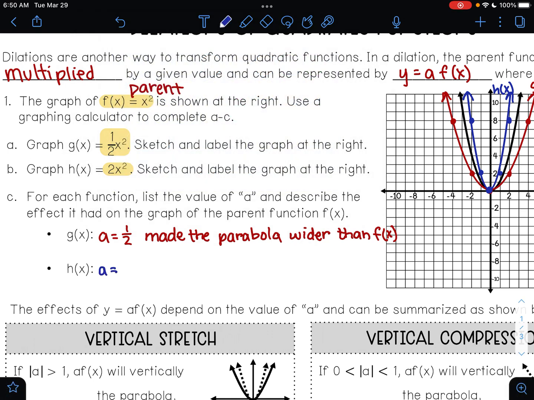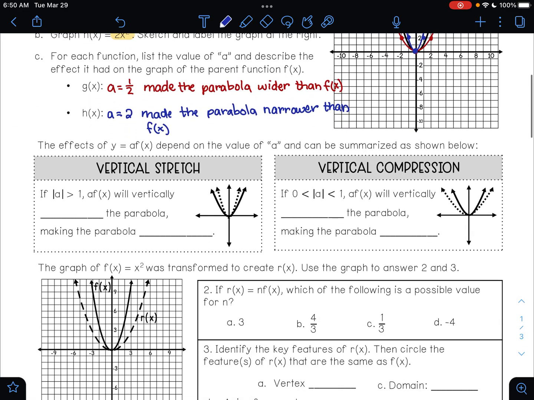Okay, h of x had an a value of 2, which made the parabola skinnier, right? So we're going to use narrower. Notice how it's a little skinnier.